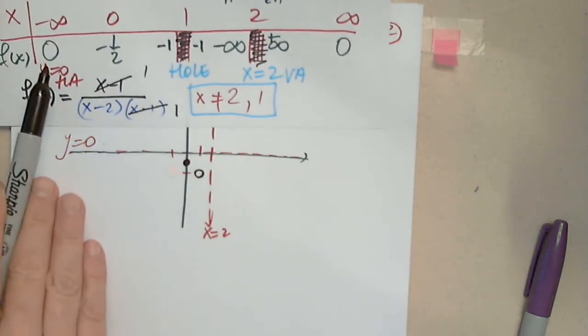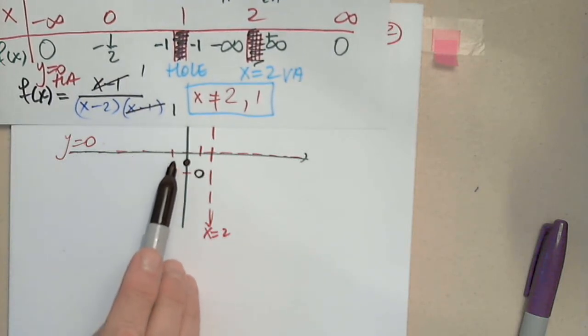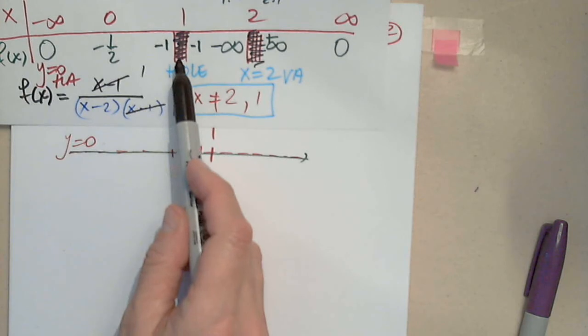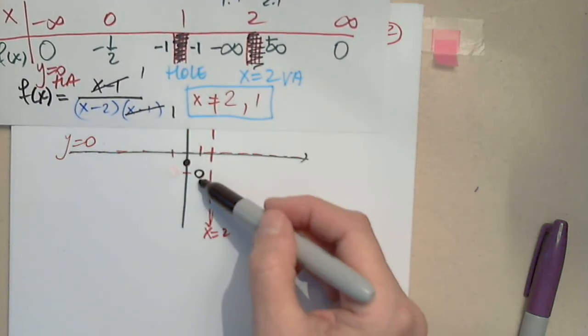Ready? From approaching 0, crossing at 0, negative 1/2, going through this hole, and approaching negative infinity.